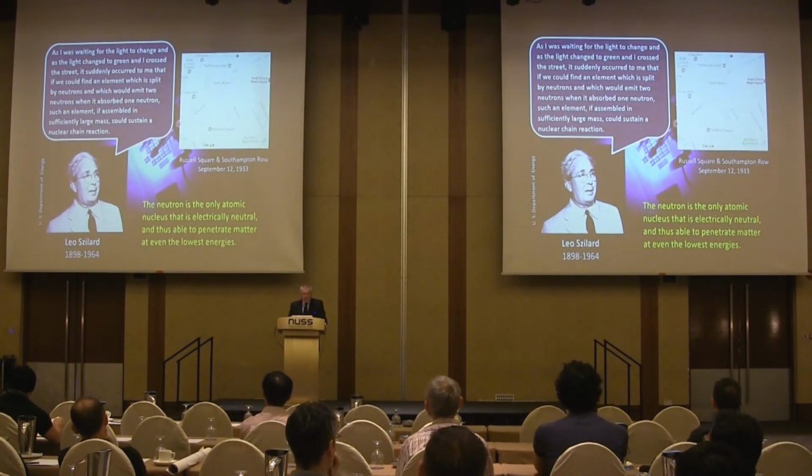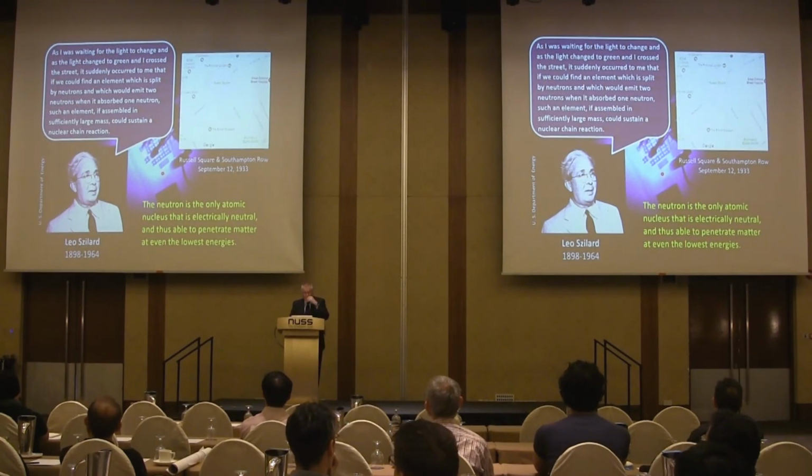Well, here's an amazing person, Leo Szilard, who gives an account of this epiphany he had when thinking about the discovery of a source of nuclear energy inside the nucleus.